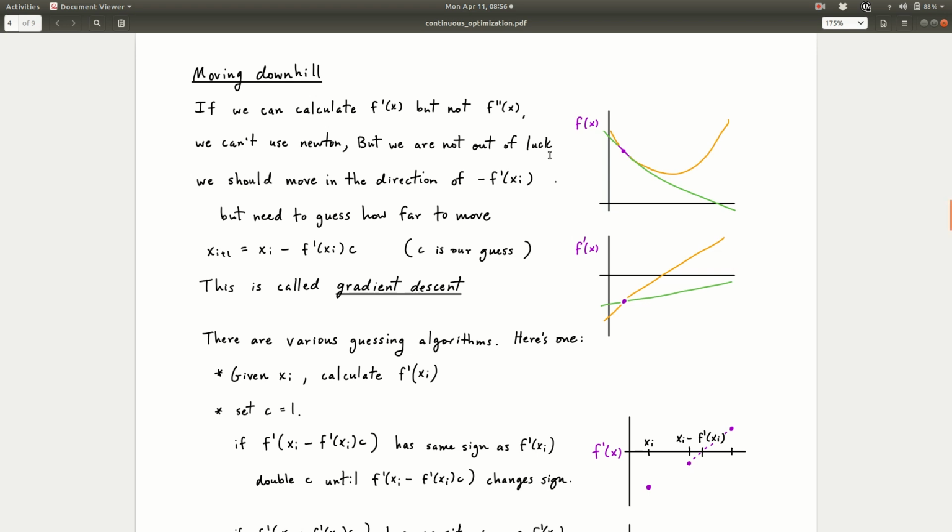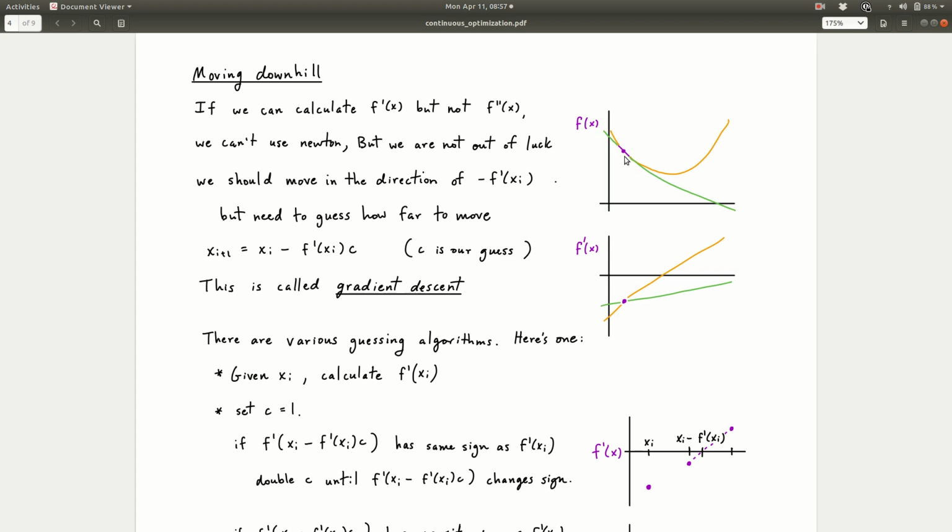So if you look at this picture, basically in your initial guess, you know f of x and you know the derivative of f of x. So if you're trying to find the minimum, you know that the minimum is probably going to be somewhere to the right because it's going downhill at the initial guess.